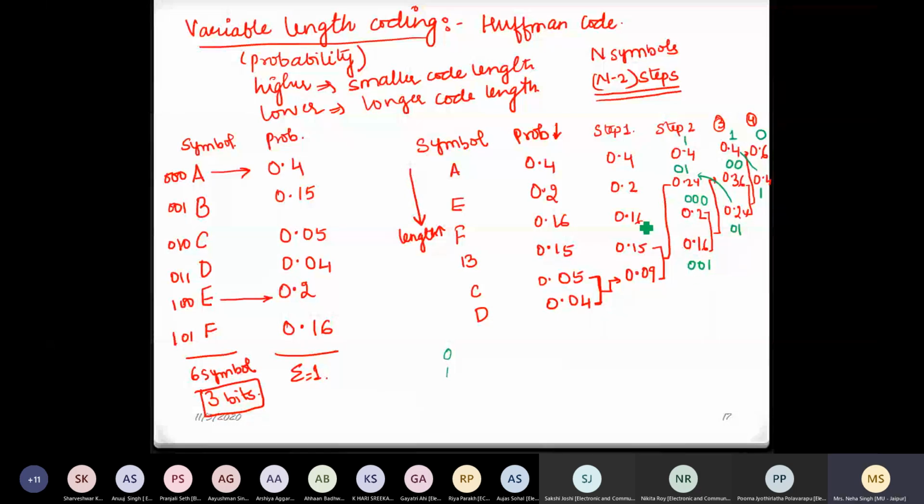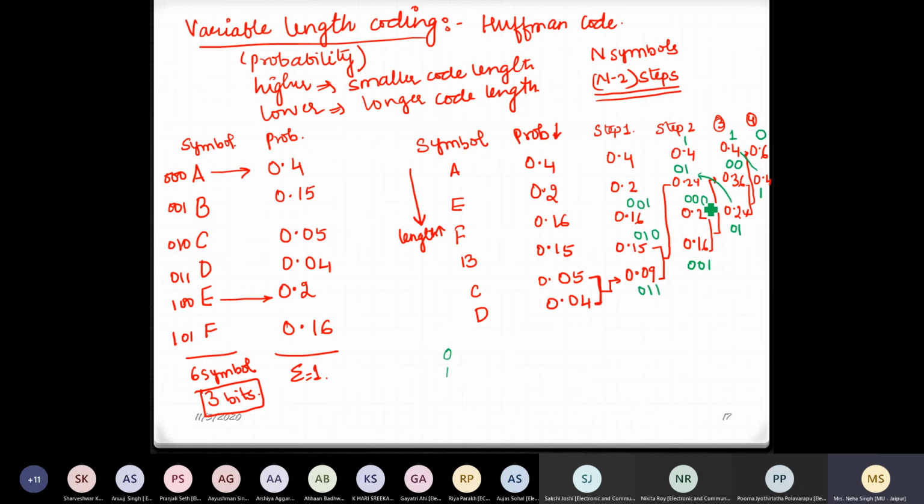Come back to step 1 with back propagation, where the code for 0.24 needs to be propagated backward to these two. So I propagate the code 01 backward and add a third bit: 0 on the top, 1 at the bottom. The code for 0.16 was 001, so I trace it backward and the code for this would be 001.